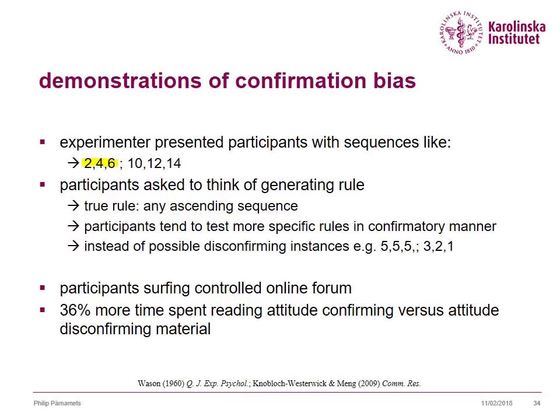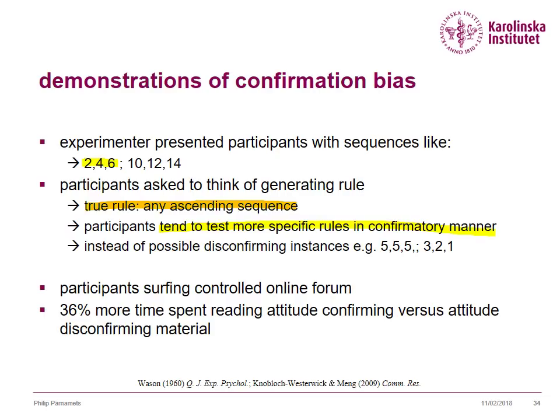And the reason for this is that the rule the experimenter is using is that any ascending sequence conforms to the rule. However, what most participants did would be something like what I just described to you. They would tend to test more specific rules in a confirmatory manner.